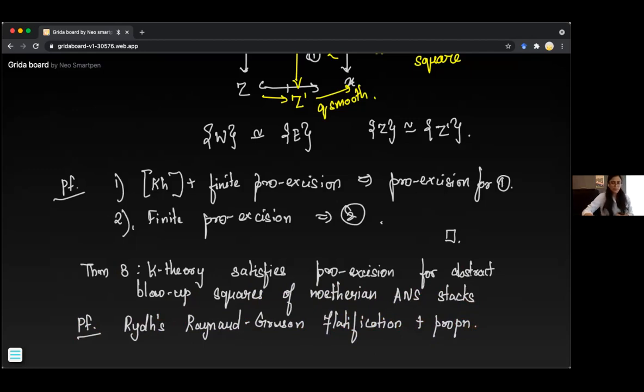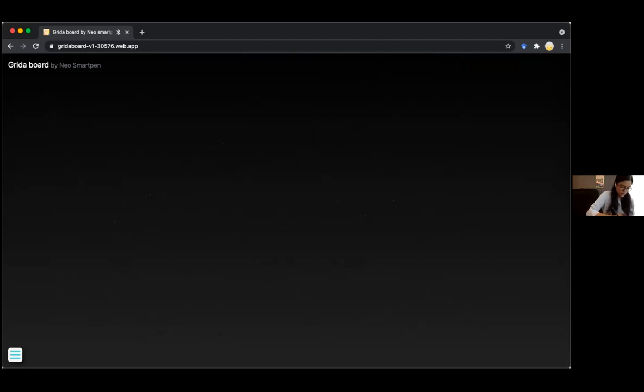Okay, so in the last 10 minutes, let me tell you how to get the vanishing for K-theory from this: vanishing of negative K-groups.